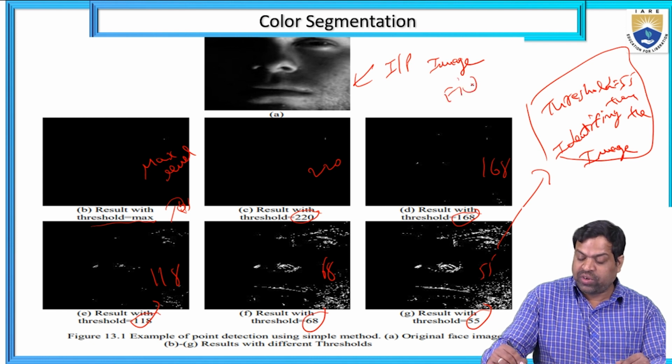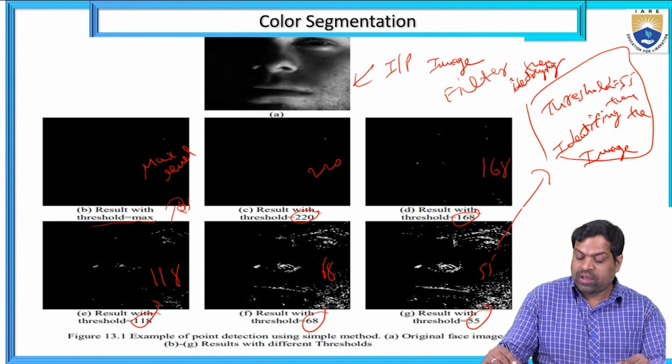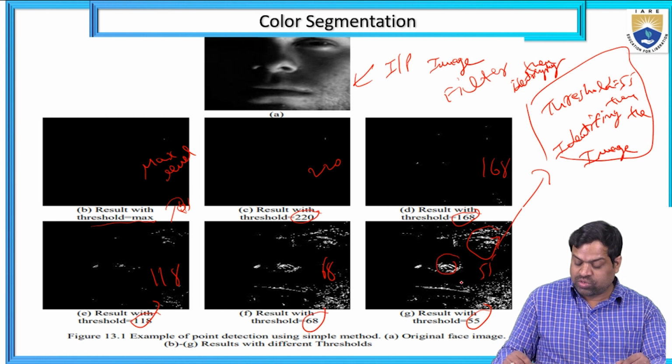When I apply the filter, then it is identified. So when we are decreasing the threshold level, only then is the image identified as a segment. These are the eye, nose, lips, like that. So we are identifying the segment as a segment of the image.